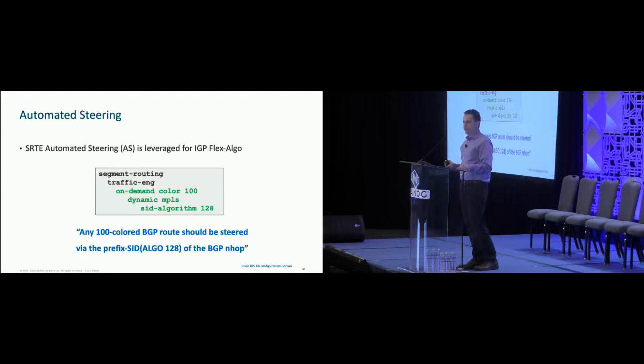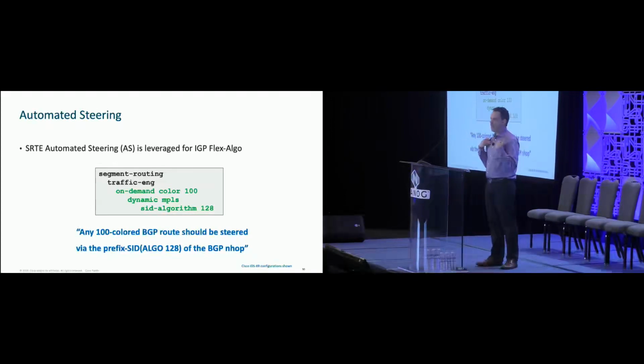For those of you who are familiar with IOS XR, I leave you some IOS XR CLI, but for those of you who prefer to read English, I just want you to read the blue text. What I have done in here is I have told my head ends, watch for routes with color 100. Color 100 is the intent that I put on my network.